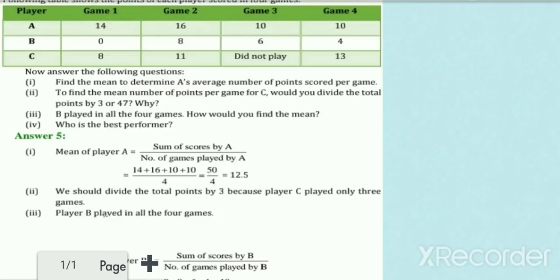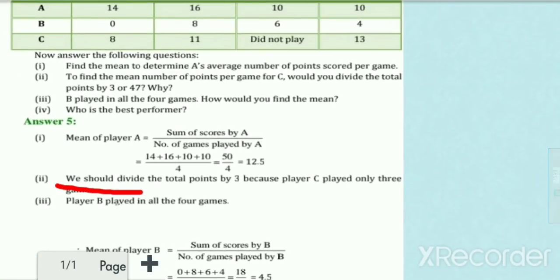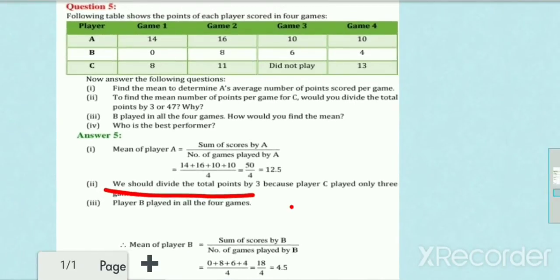For the second, to find the mean of the points of player C, would you divide the total points of C by 3 or 4? In this question, firstly we can say easily that we should divide the total points by 3 because player C played only 3 games.